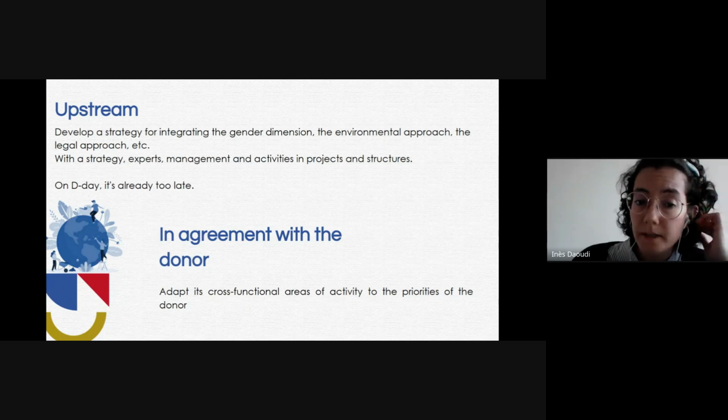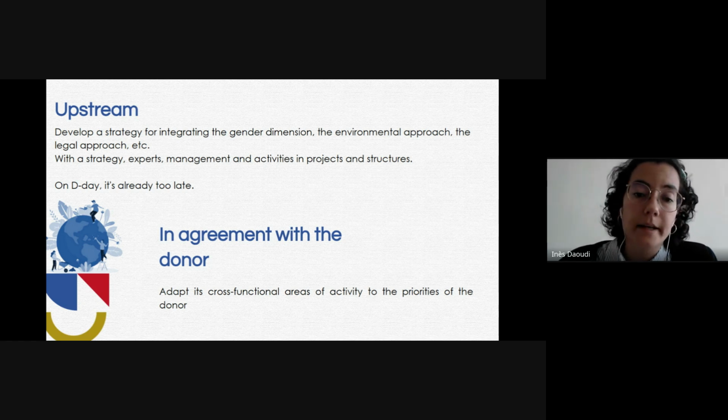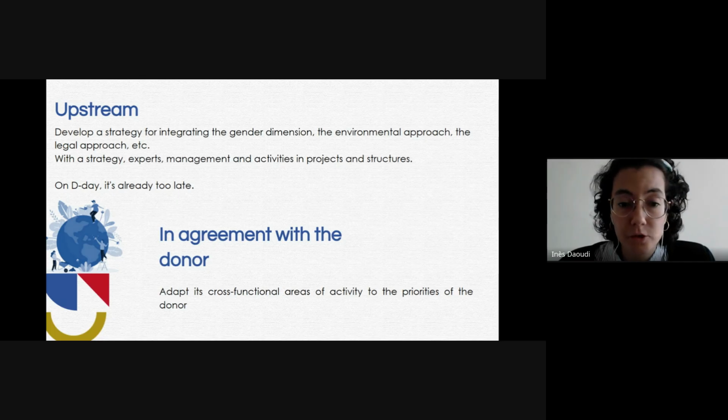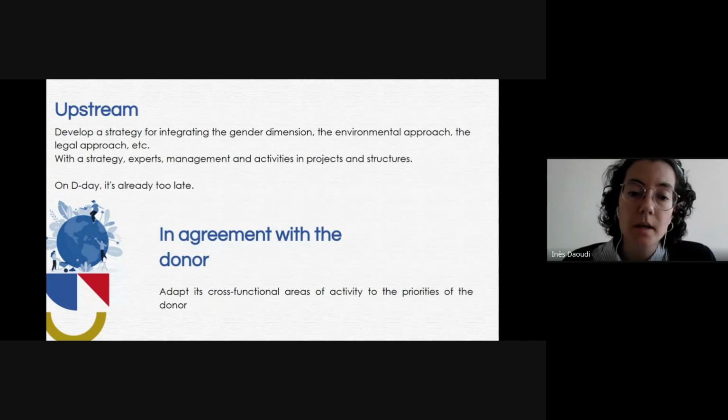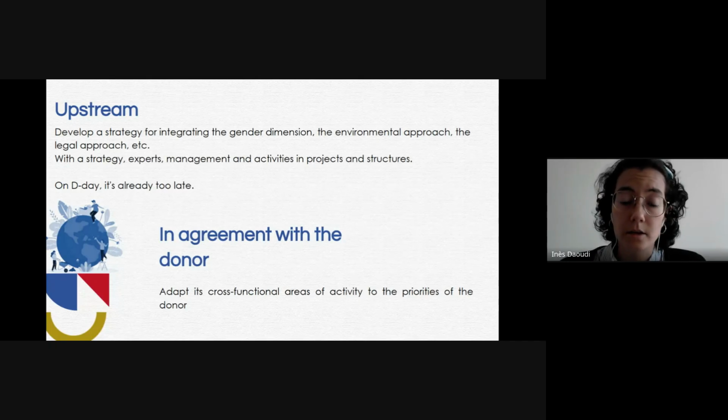In terms of environment, the project promotes sustainable agricultural practices that improve soil fertility, reduce water consumption, and minimize pesticide use. And in terms of human rights, the project is designed to respect the human rights of beneficiaries, including the right to food, land, and participation. So you see in this example, the cross-cutting issues are directly integrated through all stages of the project.